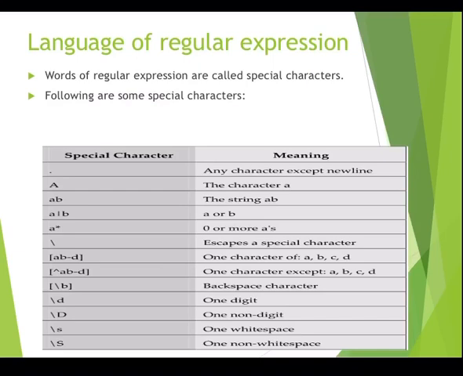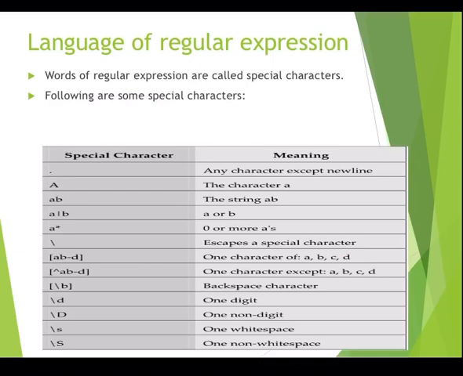Then \b is for the backspace character. Then \d (small d) will check whether your string contains any one digit, any digit from 0 to 9. Then \D (capital D) will check if your string does not contain a digit, a non-digit. Then \s means it will check if your string has one white space.